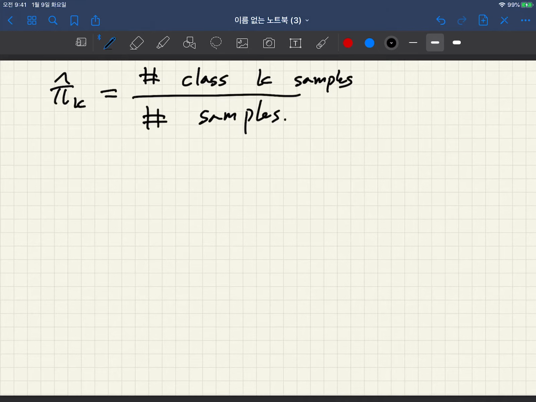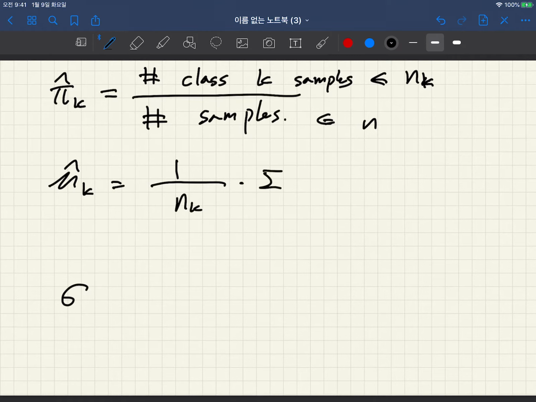Then how can we obtain μ hat k and σ? Let's say this is n_k, and this is n. μ hat k is 1/n_k times the sum of x_i belonging to class k, which makes sense, which is just the empirical average of your input x for class k.